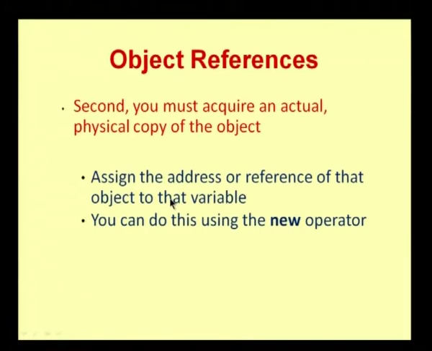We would have seen dynamic memory allocation in programming languages like C and C++. Similar to that, here also you can do this using the new operator. The new operator is used to create a memory space, allocate memory to a particular object, and then this can be assigned to a particular object name.